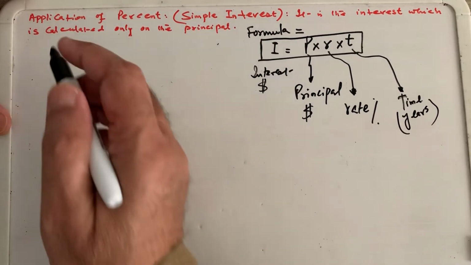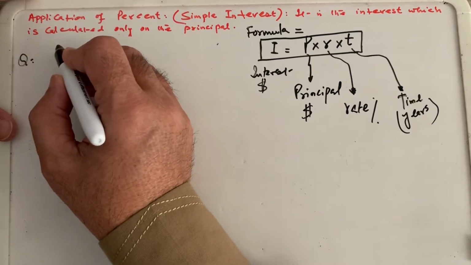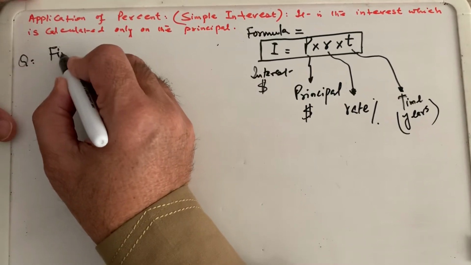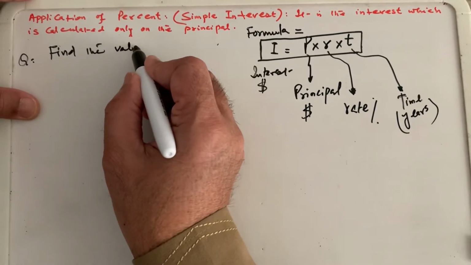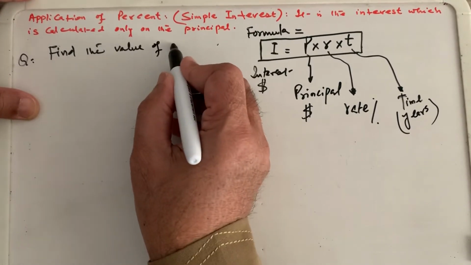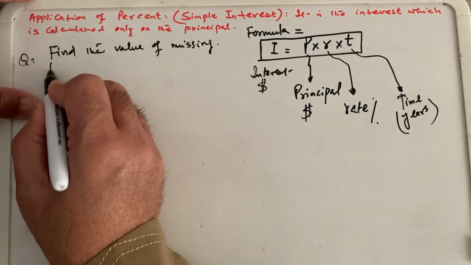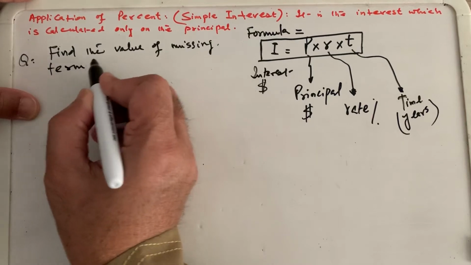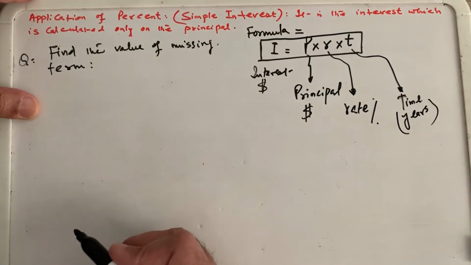So the question says, find the value of the missing term. If there are 4 terms in the formula and 3 of them are known, we can find the 4th one.